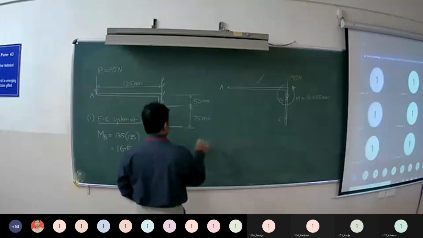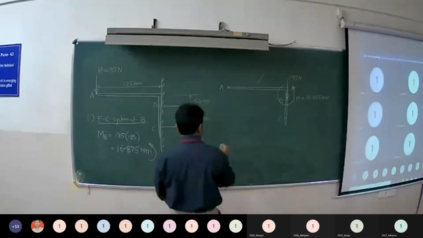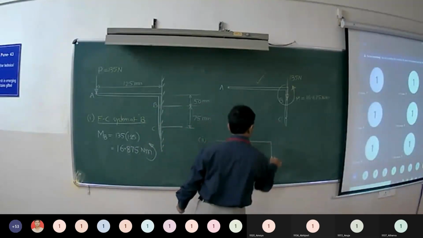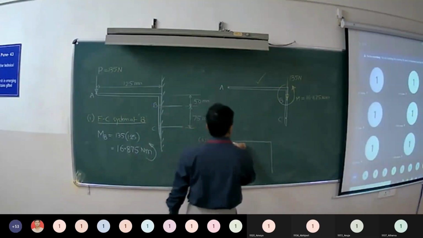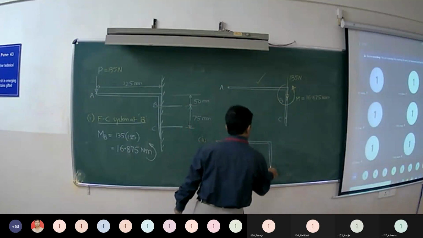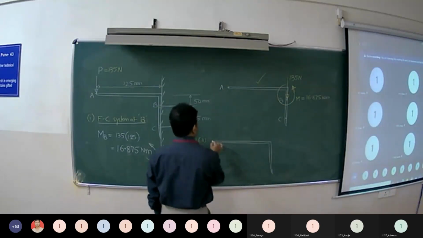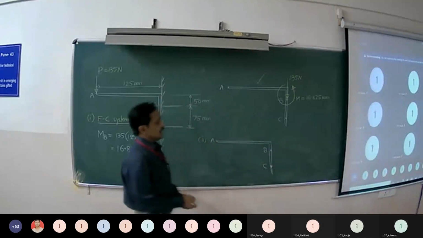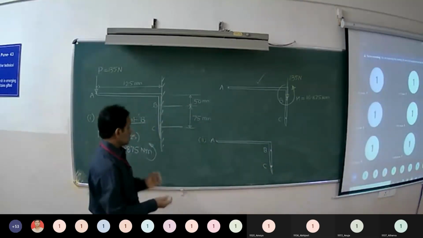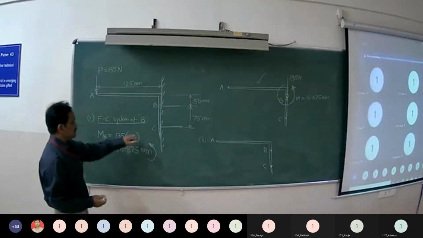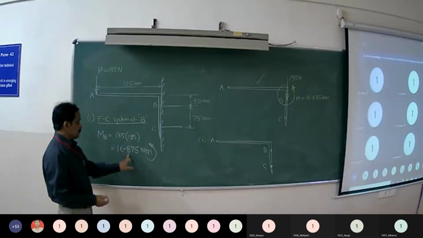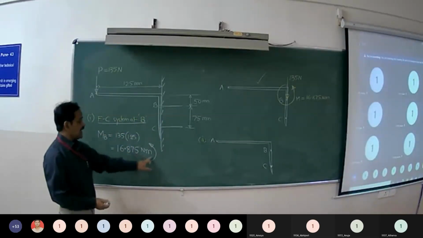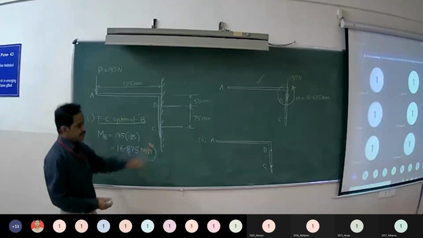Now the second part. You have to find two horizontal forces at B and C that are equivalent to the couple obtained in part 1, that is 16.875 Newton meter anti-clockwise.